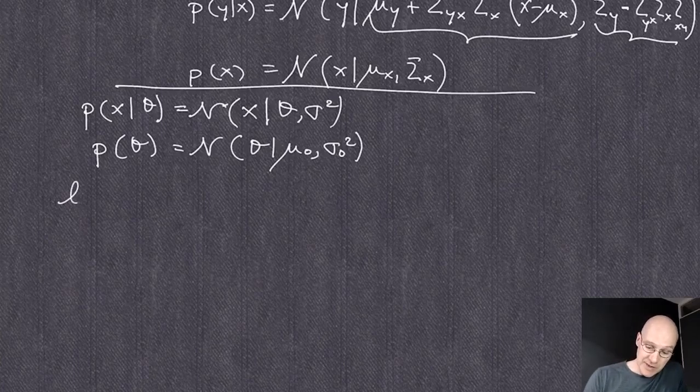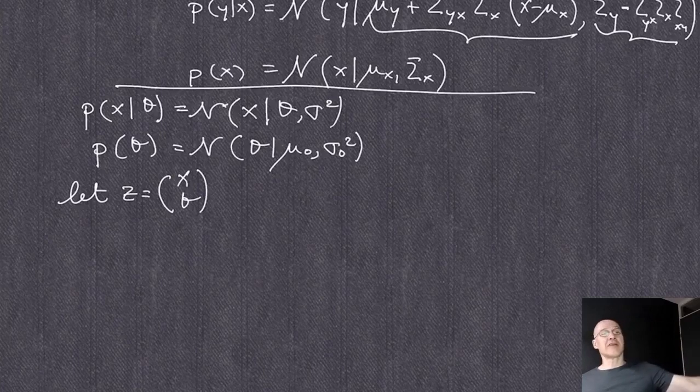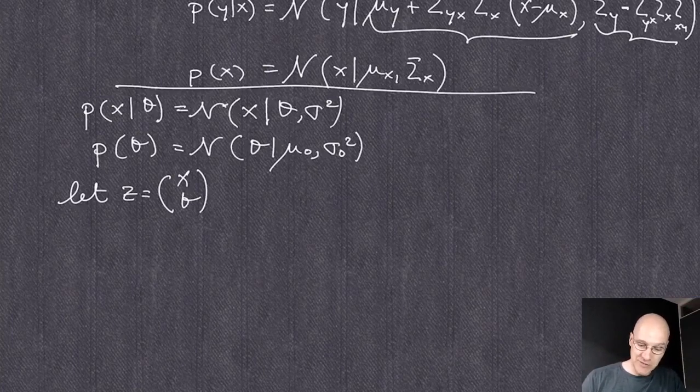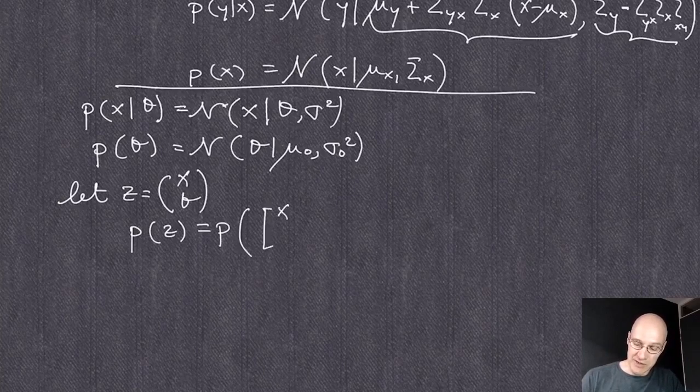I can say, okay, let z equal the joint, basically the vector x and theta, and I just put them together. It turns out, and this is a bit of an exercise, that you can write out the probability distribution for the vector x theta.